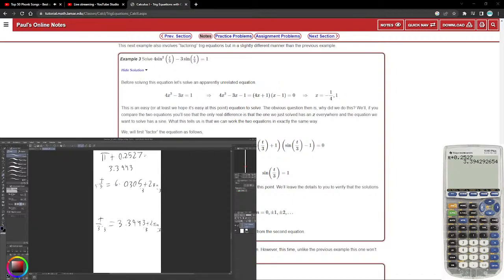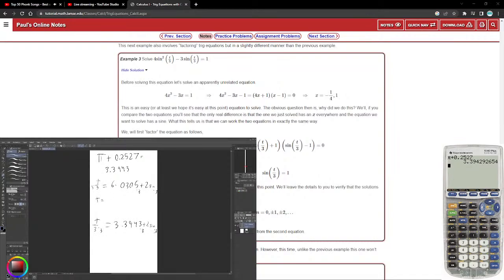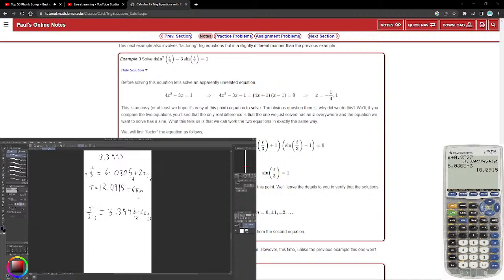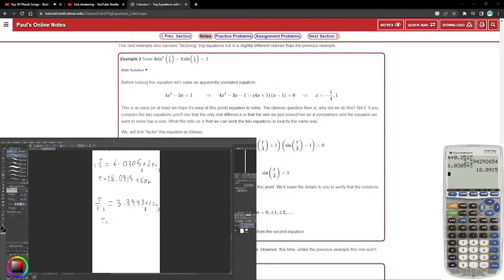And I get, for the top one, t equals 6.0305 times 3, 18.0915 plus 6 pi n. T equals 3.3943 times 3, 10.1829 plus 6 pi n.